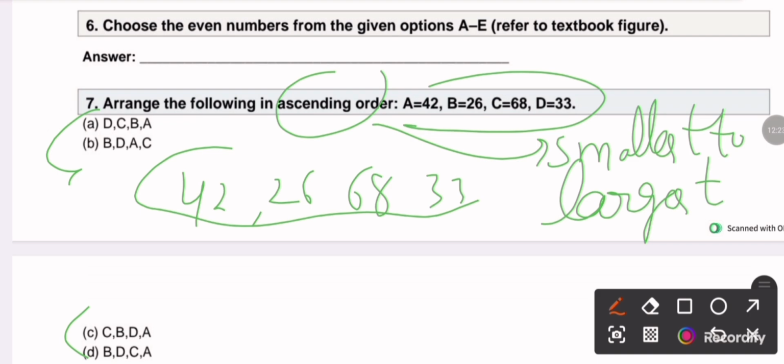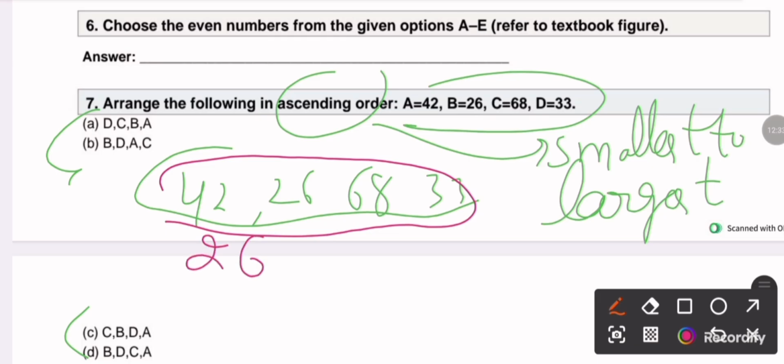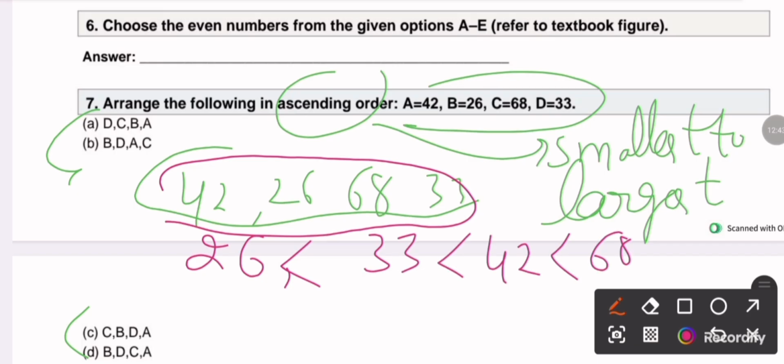First, which is the smallest number here? 26, more than 26 is 33, more than 33 is 42, more than 42 is 68. This is the ascending order, smallest to largest.